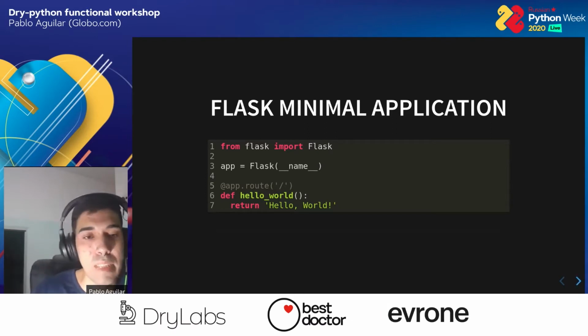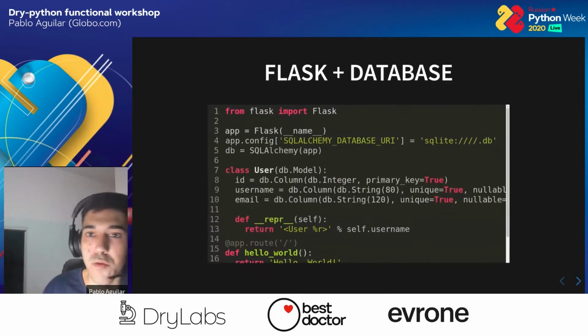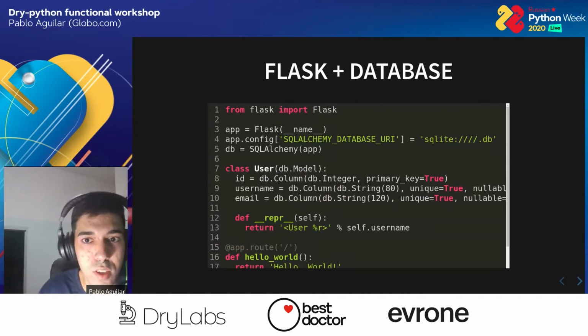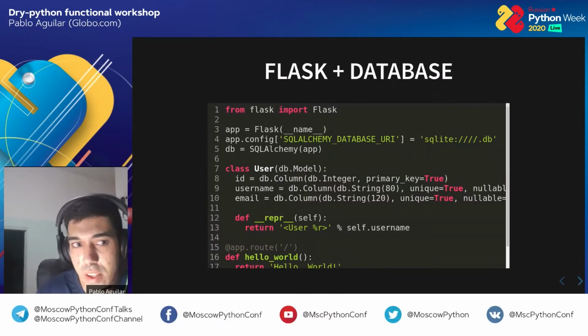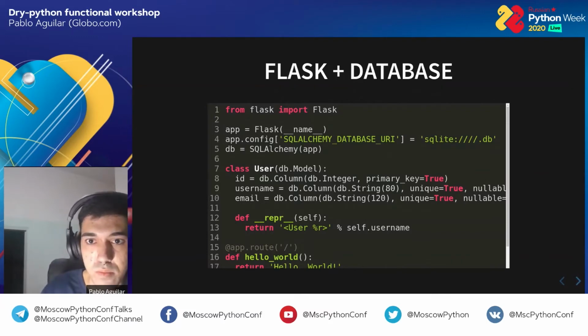Generally, with our application, we have to add a database. We can use SQLAlchemy, can't we? So if I introduce SQLAlchemy in here, you have three things in this file.